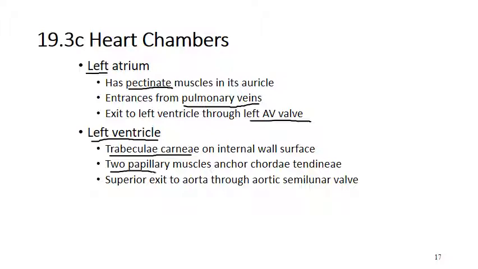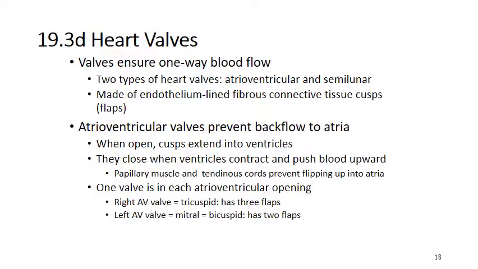It also is going to have the papillary muscles that are anchoring the chordae tendineae from the bicuspid or mitral valve. And then at the very top of the left ventricle, you're going to find the exit of the aorta, and the blood would go through the aortic semilunar valve into the aorta and out to the rest of the body.